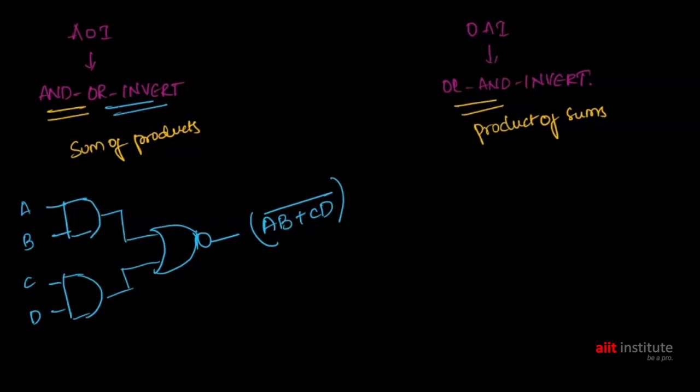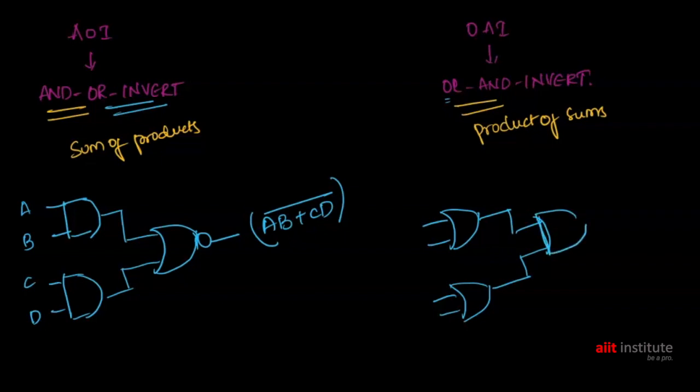Now let us see OR and invert. It is product of sums. So it will start with OR as mentioned in the name. So let us represent two OR gates like this, and the output of these two OR gates is fed to AND invert, which means it will be not AND, which is NAND.